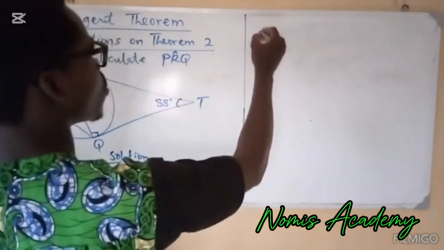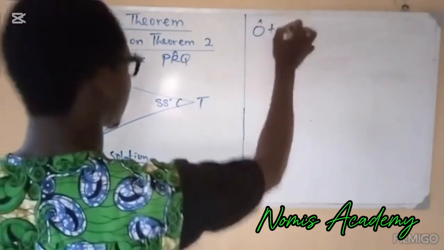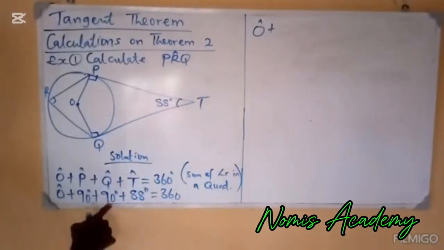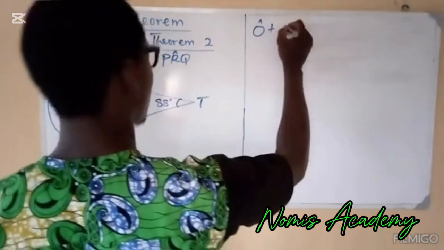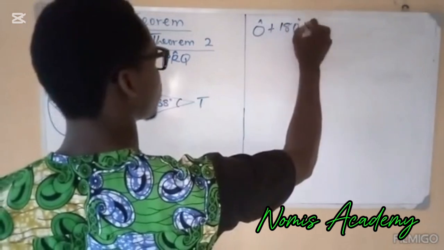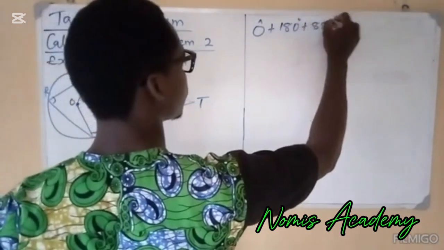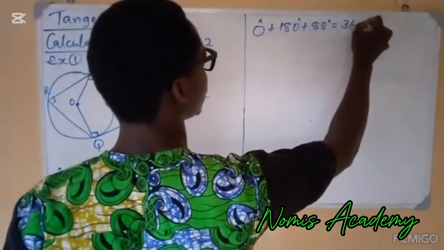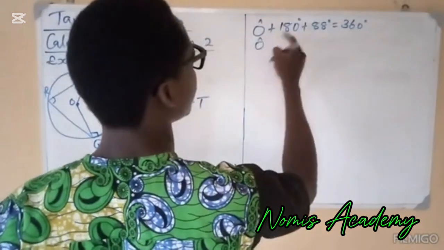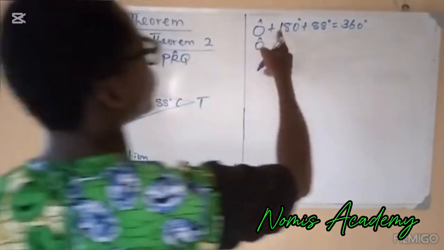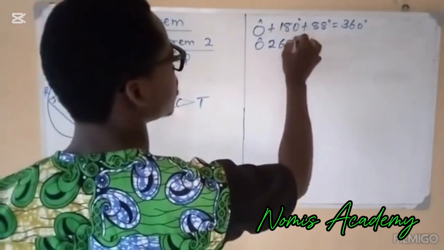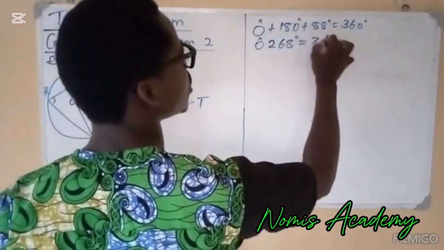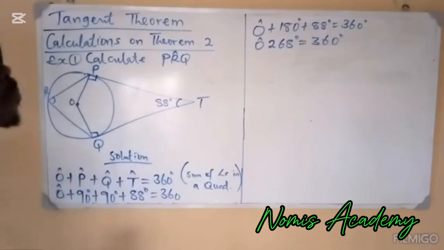Now angle at O plus 90 plus 90, and that is 180 degrees. 180 degrees plus 88 degrees equal to 360 degrees. Now to sum up these two, we have 268 degrees equal to 360 degrees.